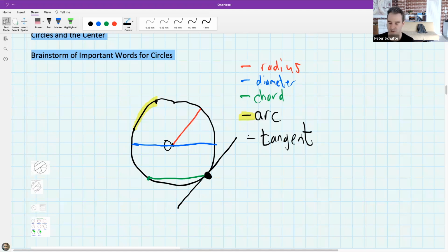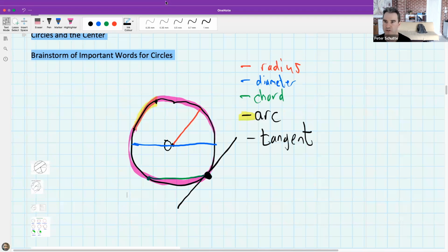Oh, it's too good a question. I can't let it go. If I say to you, here's an arc, and it goes the whole way around the circle, what is that special type of arc called? An arc that goes the whole way around the circle. Who would like to come online? I'd love to hear your voice.